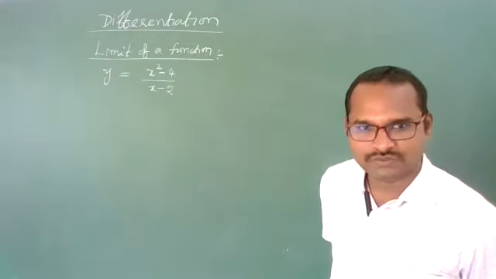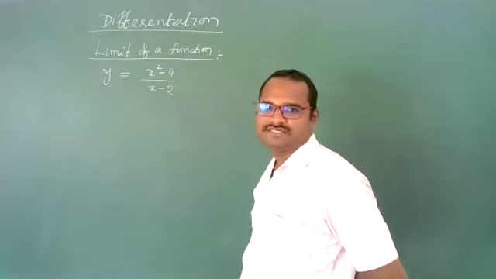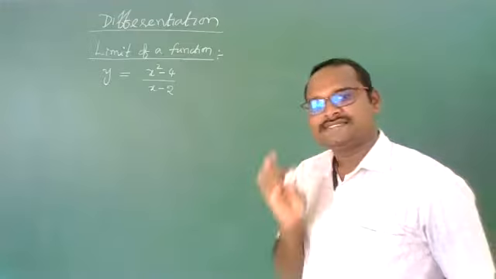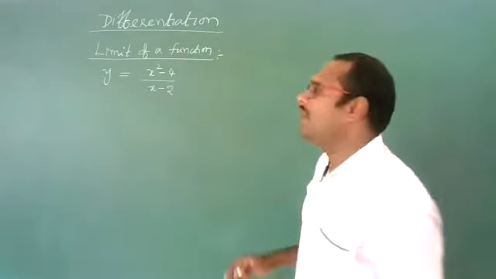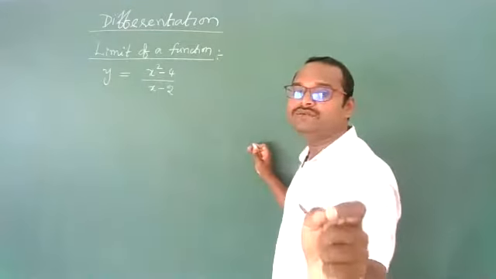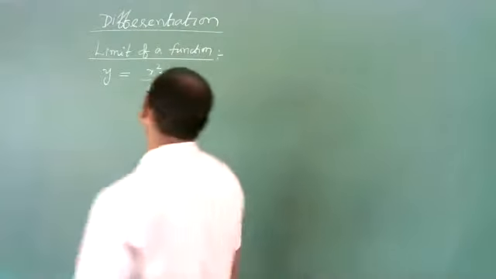Clear? Now we can say y as a function of x. Now this function y is satisfied for all different values of x except one value, that is x is equal to 2.